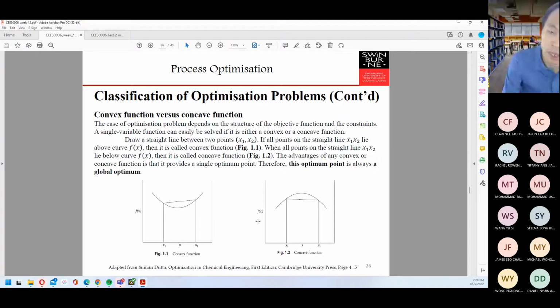And also we can differentiate in terms of the convex function or the concave function. A convex function goes down, so that we have a minimum. A concave function will go like this, so we will have a maximum in our function.